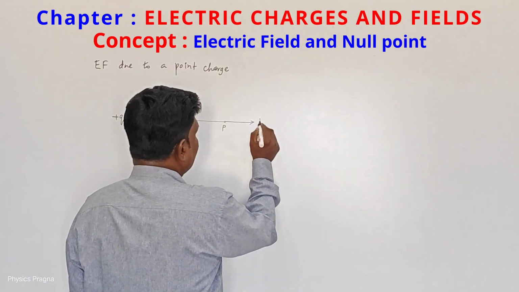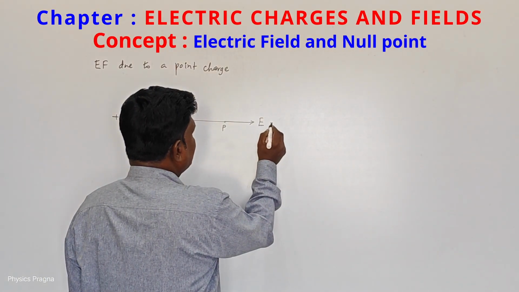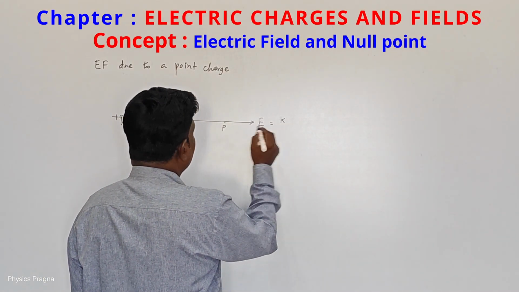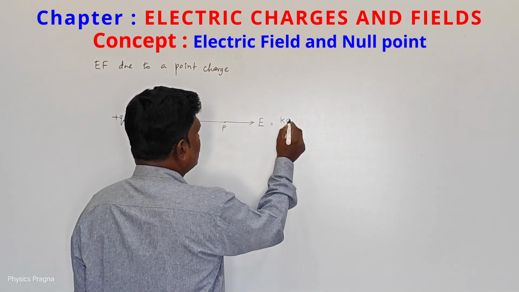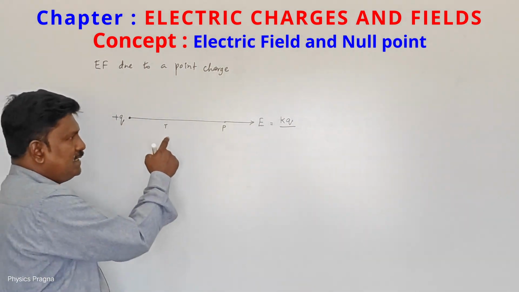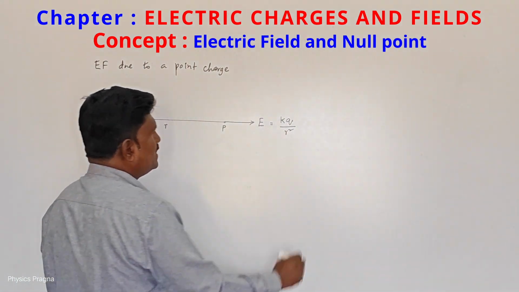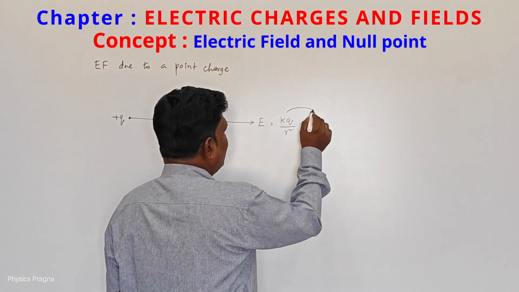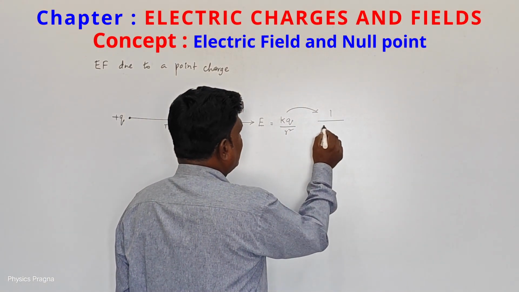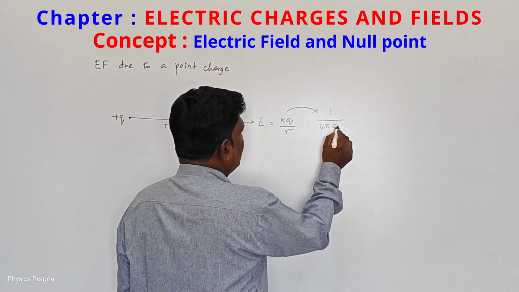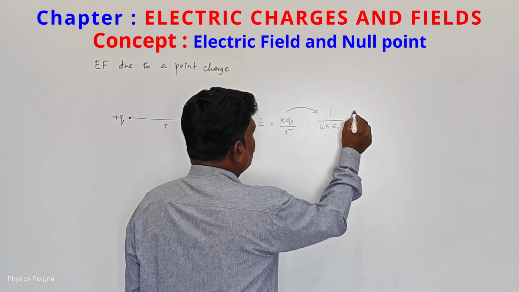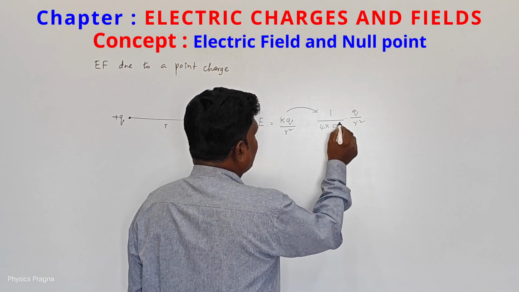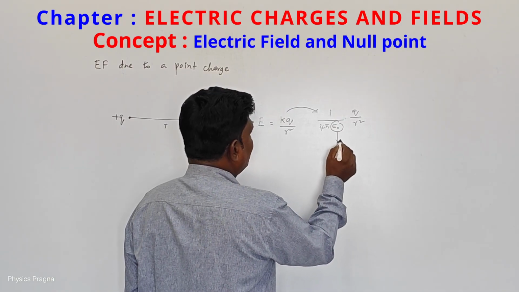The electric field here is K Q by R square. This is the formula. K value we know: K is 1 by 4 pi epsilon naught, Q by R square.